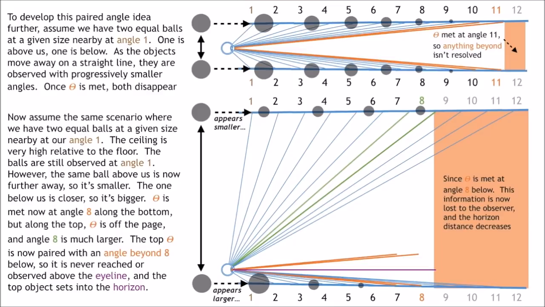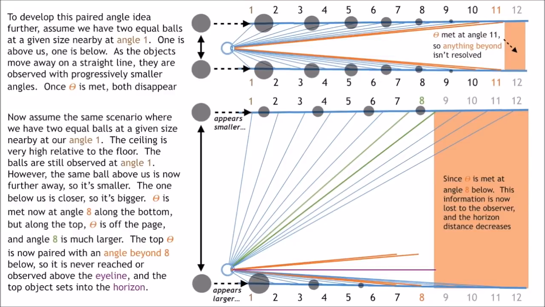So our angle 8 now along the top, you can see, is much bigger in comparison to angle 8 along the bottom. And if we try to find what angle theta would correspond to along the top, what number, I guess, it's off the page. It would be in the hundreds, possibly.